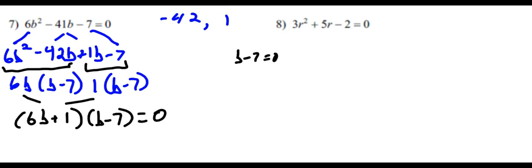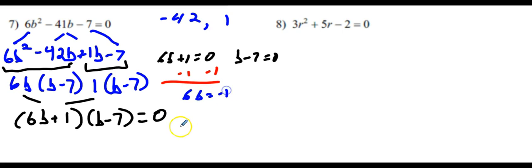It was 6b plus 1 equals 0. We subtract that 1 from both sides. And we're left with 6b equals negative 1. And we divide both sides by 6. And we end up with b equals negative 1 over 6.